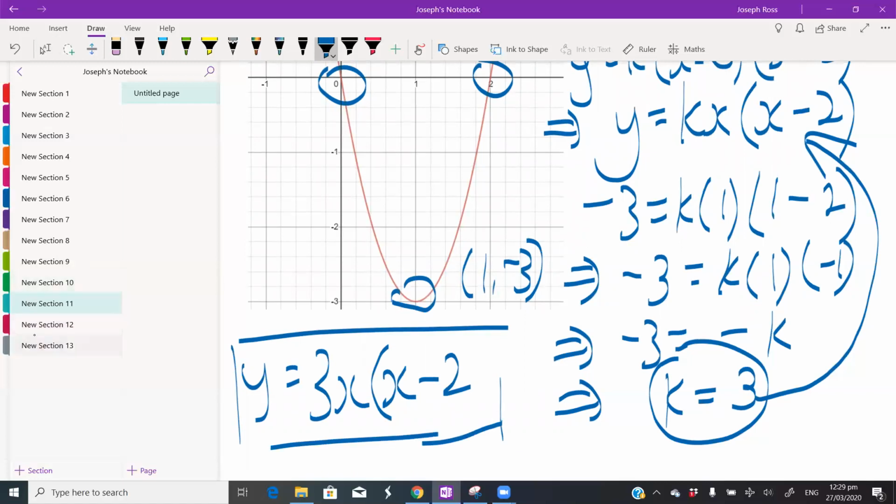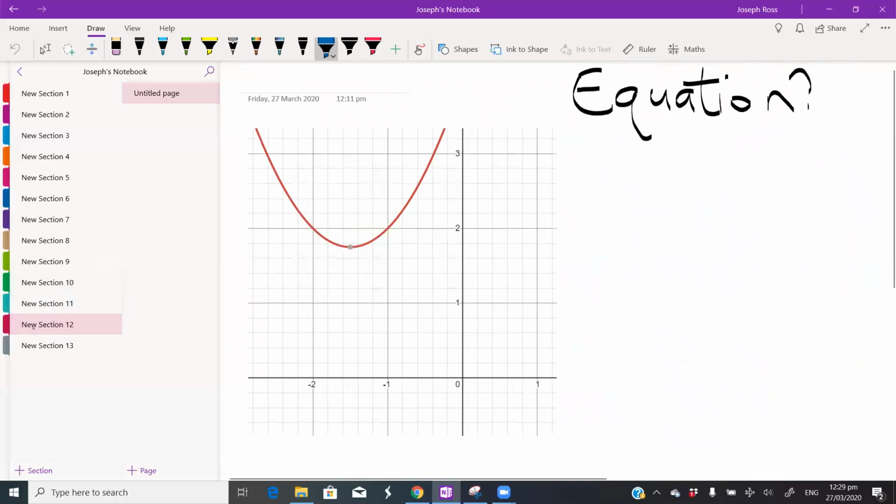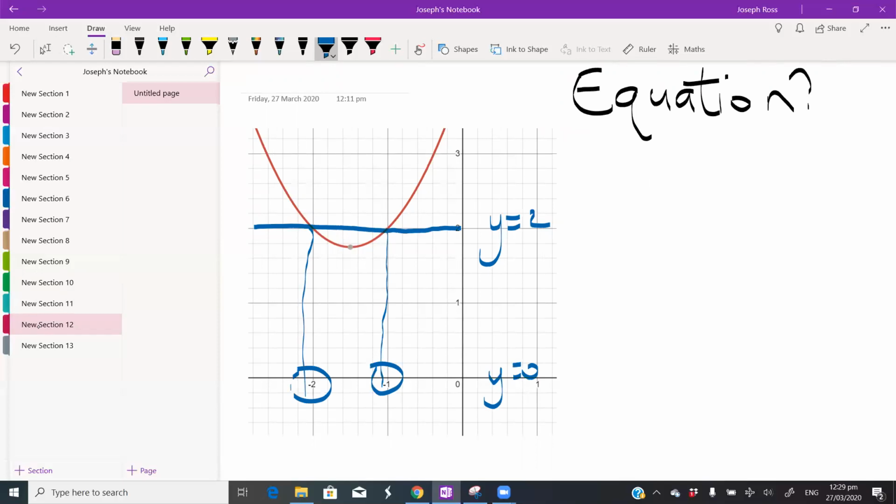Okay, so next question. What's the equation of that thing? Now that's going to be a little bit trickier because we don't have any x-intercepts. But what we do notice about this is that, instead of intercepting the x-axis, which is the line y equals 0, it instead intercepts the line y equals 2, which is that horizontal line there. And those x-intercepts are -1 and -2.